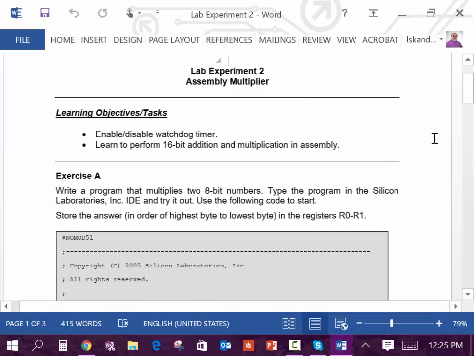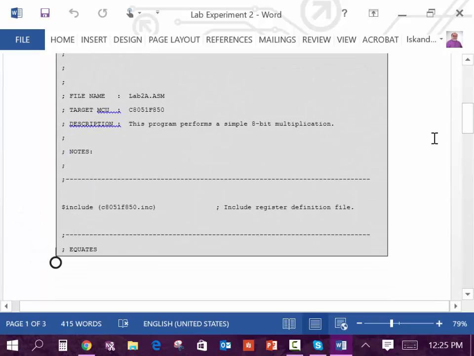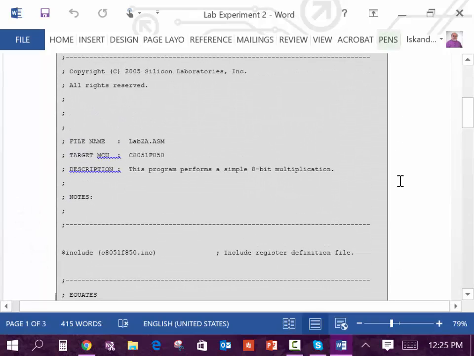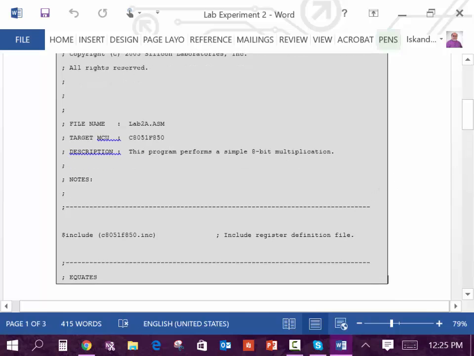There's 3 parts to the lab. Use Blinky as your shell. Just open up Blinky and then save it as Lab 2A, Lab 2B, and Lab 2C. I'm planning on you spending 2 weeks on this lab.